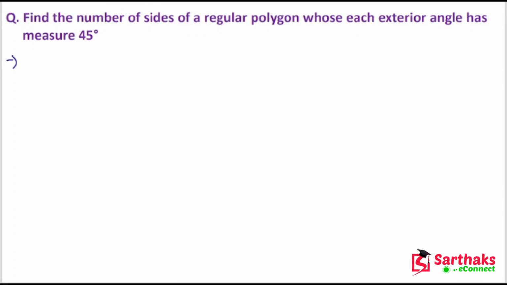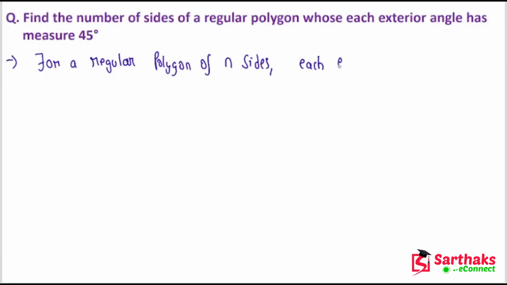Now for a regular polygon of n sides, each exterior angle is nothing but 360 degree upon n.